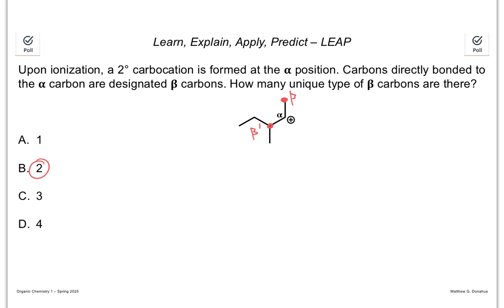So that's the question that you have to answer for all of these mechanisms: looking at those beta carbons, are they unique? And then can you do some sort of shift to form a more stable carbocation? And that explains why you can't just memorize an answer for this.